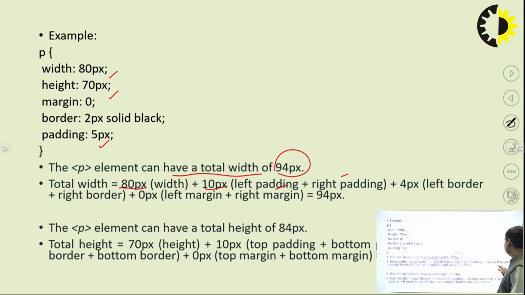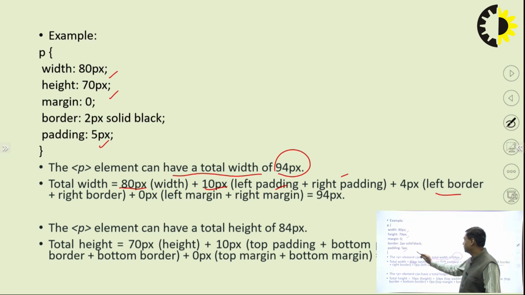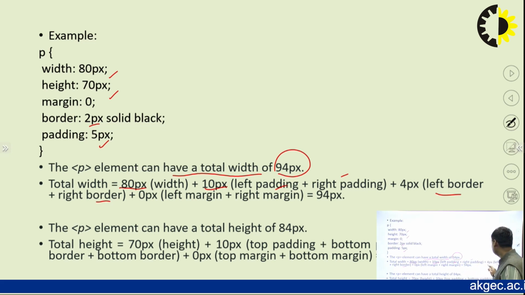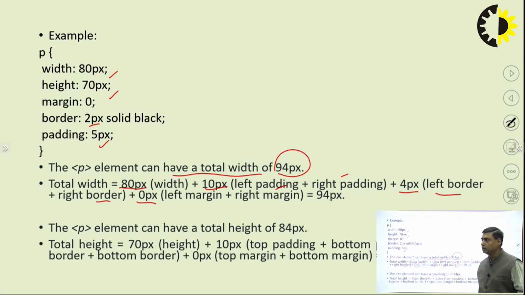For the left border we have 2 pixels, and for the right border again 2 pixels, combining both borders we have 4 pixels in total. Now margin is 0, so obviously 0 pixels is the margin for this element. So the total width of the box model is 94 pixels.